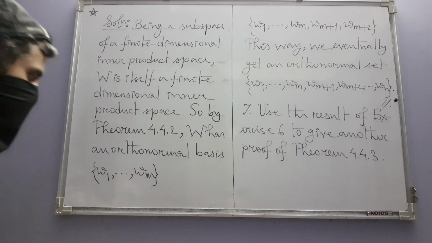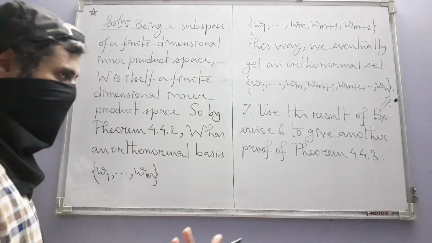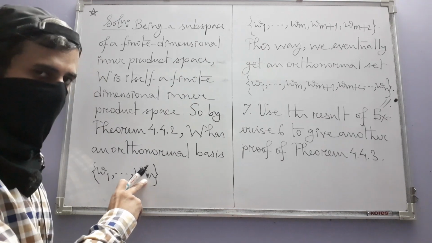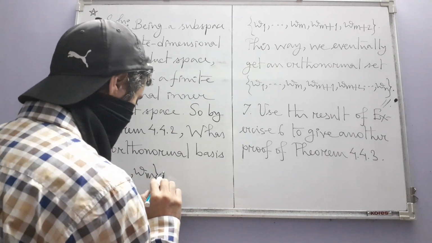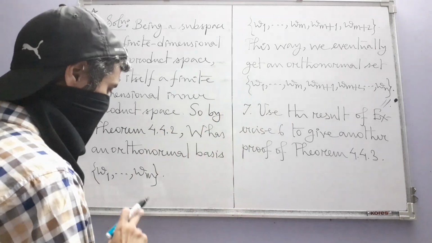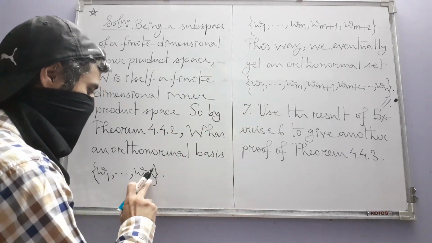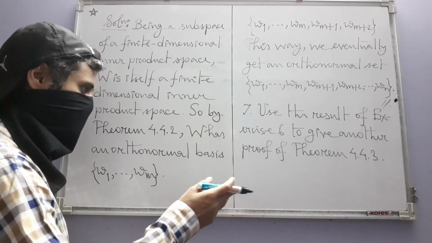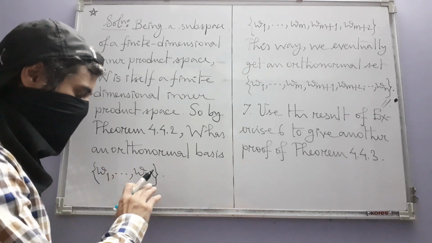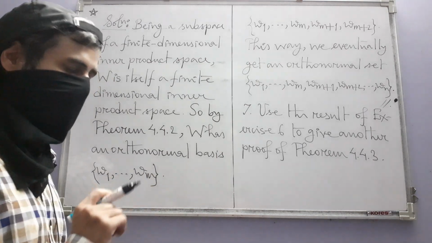Which also means that we are assuming that the dimension of W is m, small m. And so by the previous exercise, we can extend this to a basis for V, which also is that extended set also is an orthonormal set.